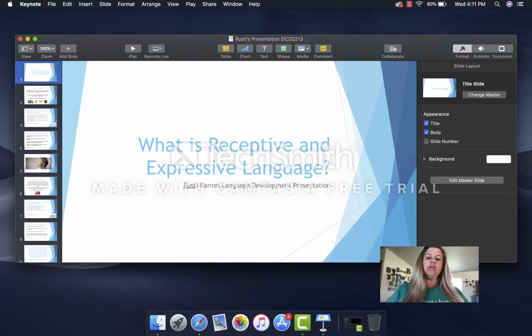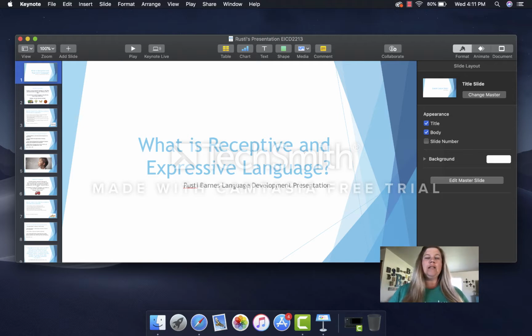The reason why I chose this is because we do assessments in our class, and when we're going over our findings with parents, sometimes they don't understand the difference between receptive and expressive.